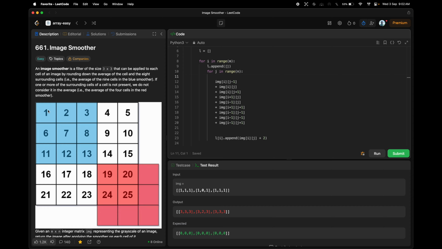Because for a centerpiece I know all of these cells will verify this condition, but all of these cells will not verify this condition. Any one of these conditions can be wrong for any one of these.